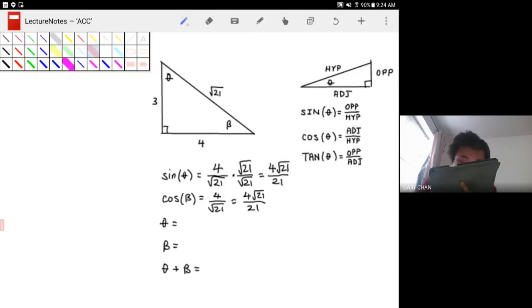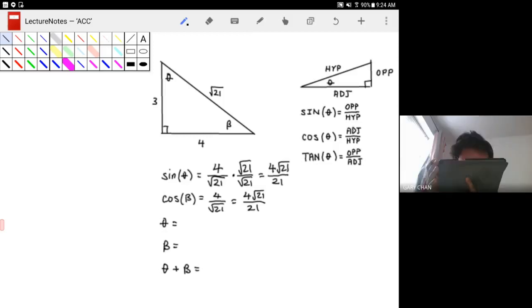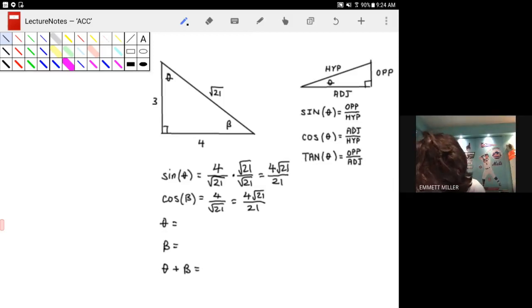So now, to find out what theta and beta are, do we know what theta and beta are without having to go over this, or do we need to actually do math to figure out what theta and beta individually are? We need to do math. We actually need to go through this. Emmett, can you tell us how to do that? For theta? Yeah. We do arc sine of 4 radical 21 over 21, and then we put it in the calculator and get 60.79.